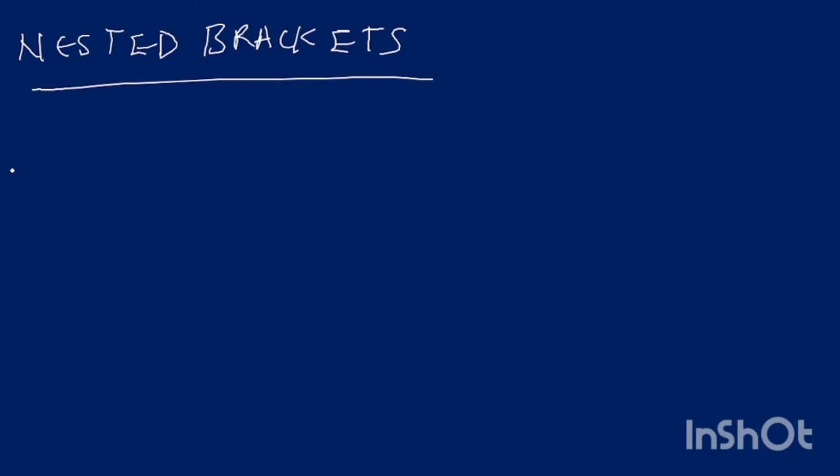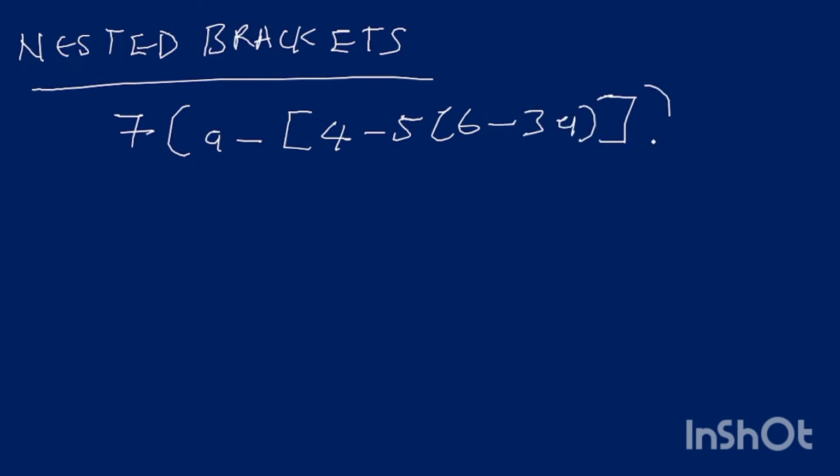What do I mean? If I have an algebraic expression of this form, 7 into a minus 4 minus 5 into 6 minus 3a bracket close. If you look at this algebraic expression, you can see that we have an innermost bracket and then we have this outer bracket.